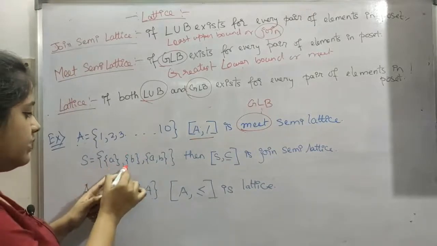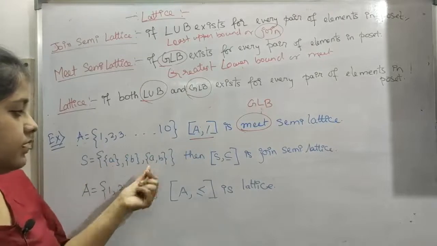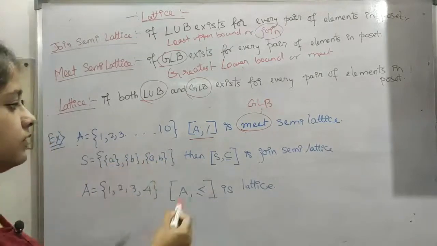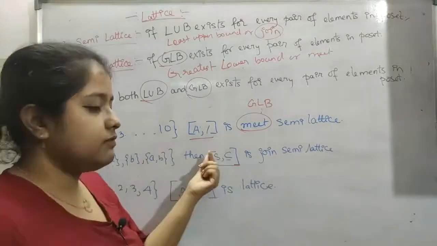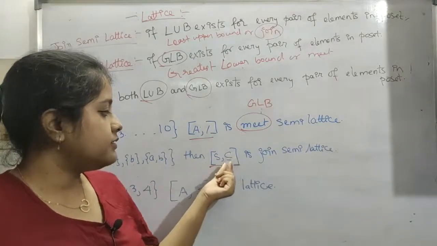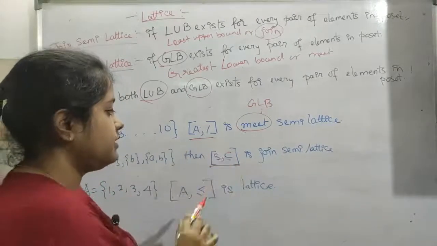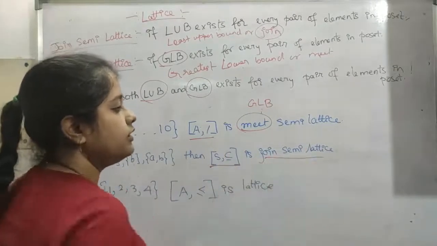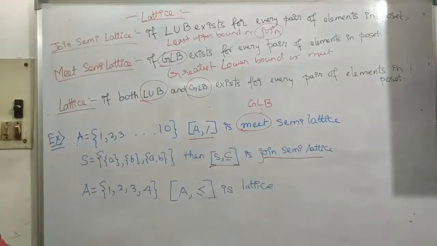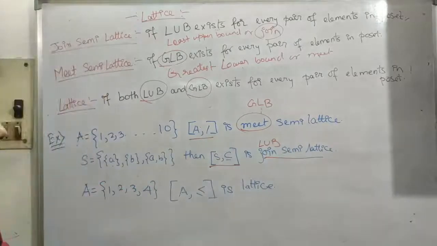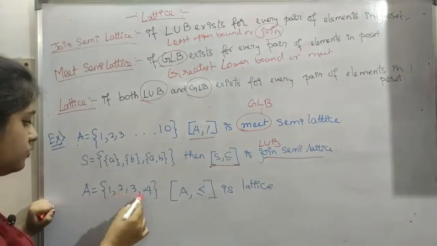A, B are singleton sets, and this is AB. Then this is our poset, subset is our relation, and it is a join semi-lattice. This contains LUB, so this is a semi-lattice.